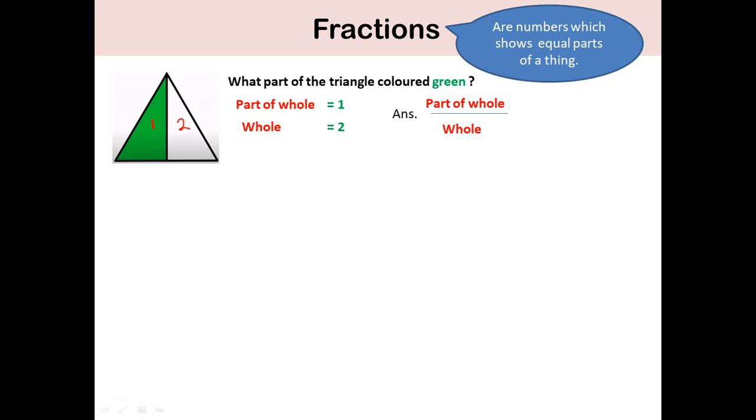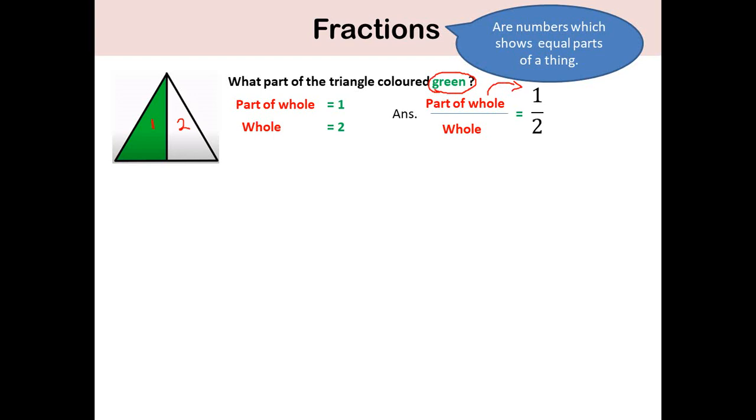Instead of part of whole, I will write what? 1. Why 1? Because only one part of the whole triangle has been shaded green. It has been asked in the question, the triangle colored green, so one part only has been colored green.